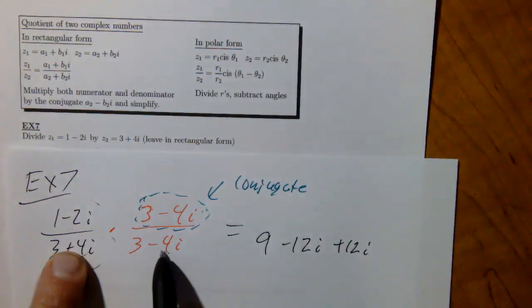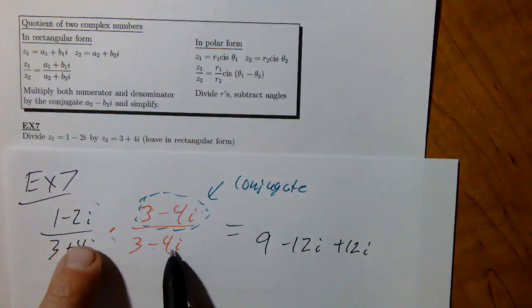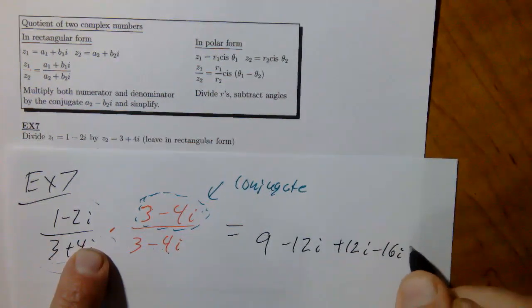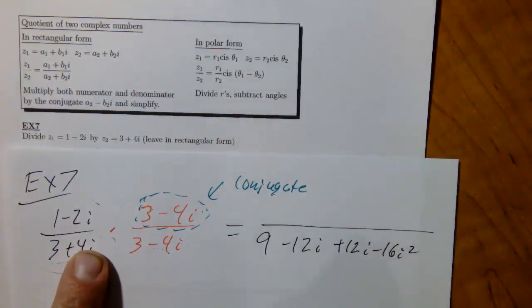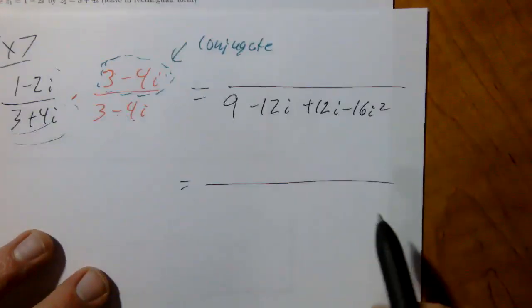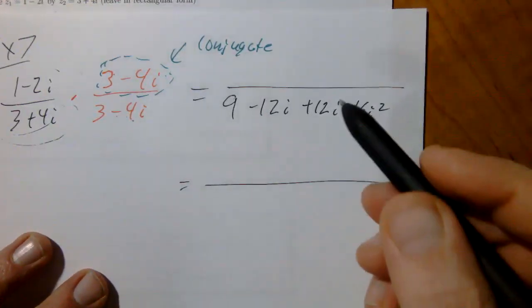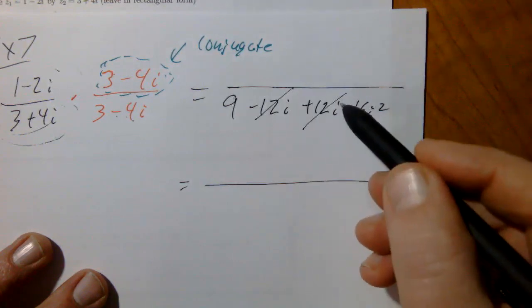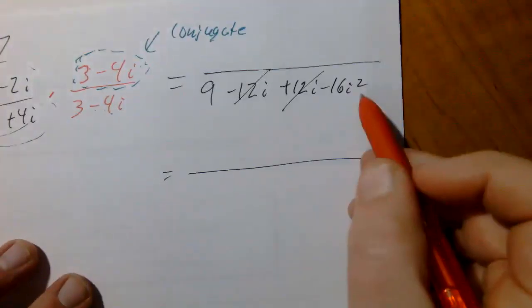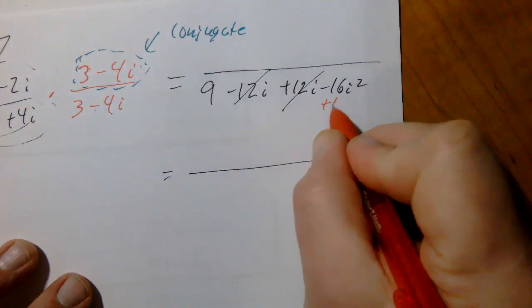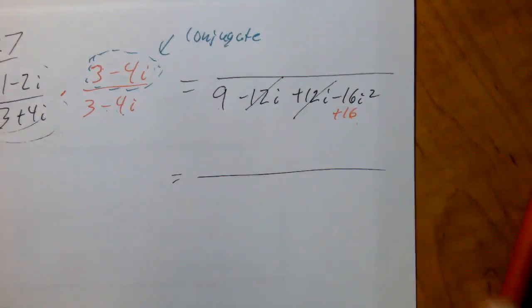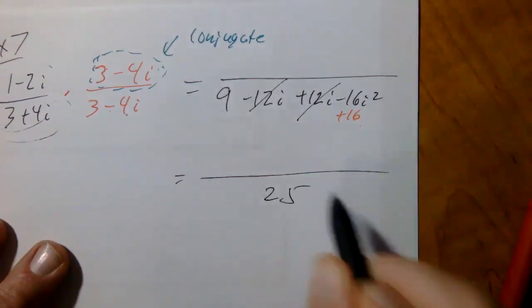And then 4i times negative 4i would be a negative 16i squared, right? And I still have to do the top. We'll come back and do that. But the reason you use the conjugate is that you can see these i's go away. And i squared is negative 1, which means this really turns into a positive 16, which means the bottom is really only 25.